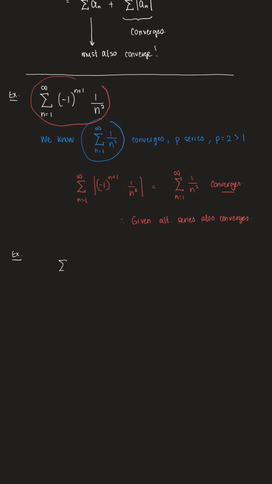So let's suppose now we've got a series that looks like this: n equals 1 to infinity of sine n over n squared. Now, sine n takes on values from negative 1 to 1. So there are times when this is going to be a positive term, times when it's going to be a negative term.